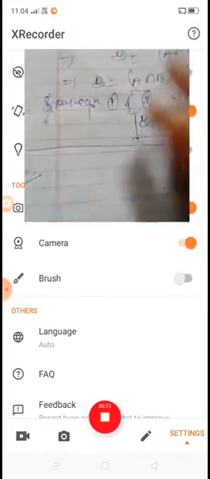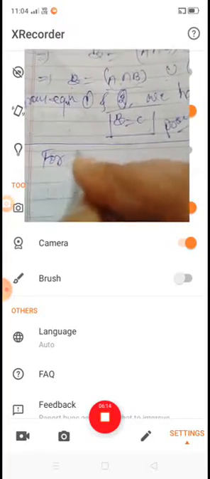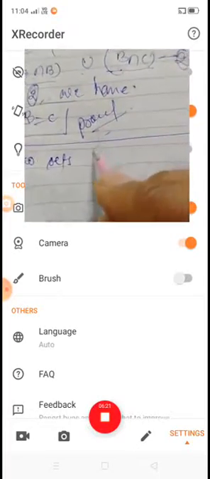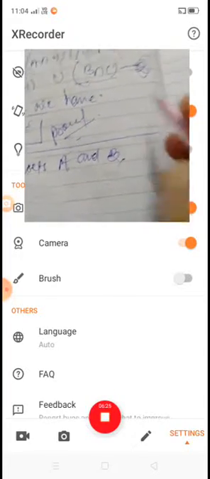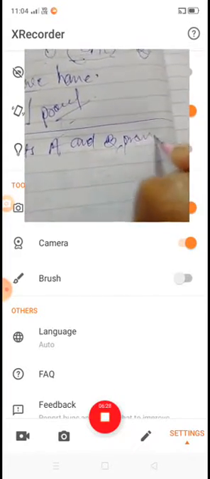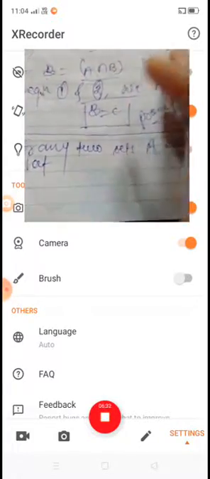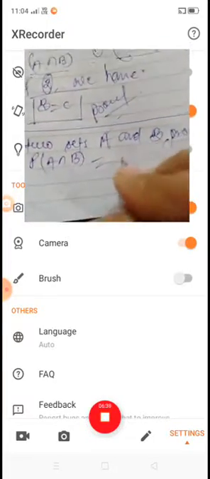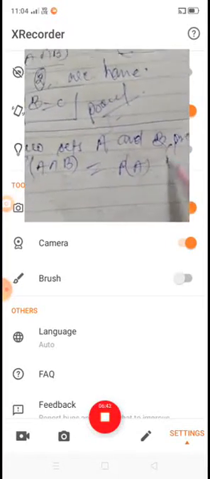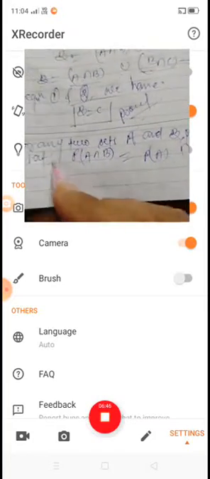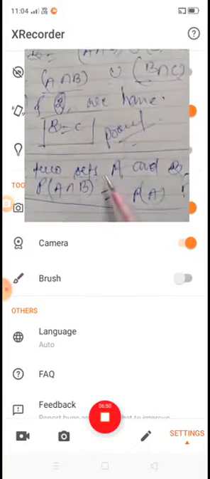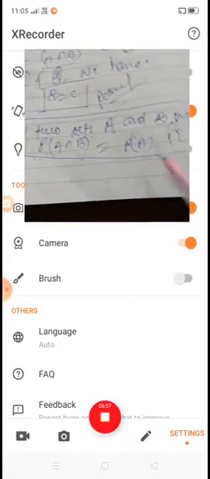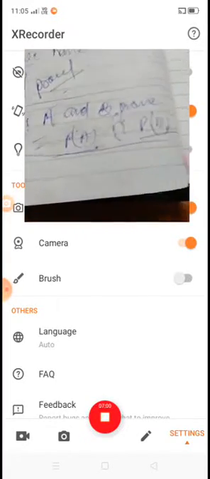For any two sets A and B, prove that the power set of A intersection B is equal to the power set of A intersection the power set of B. This is the question. For any two sets A and B, prove that the power set of A intersection B is always equal to the power set of A intersection the power set of B.